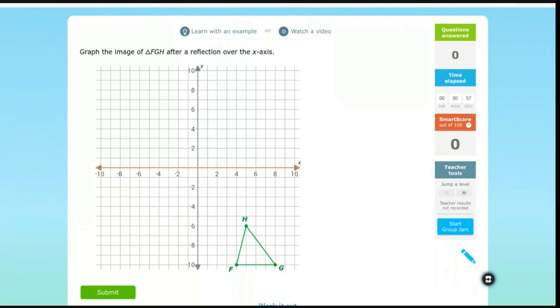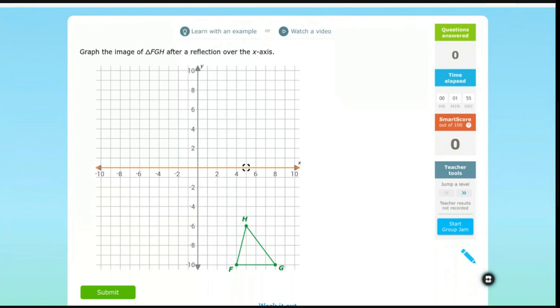You will have a line of reflection like you see here. In this case, it is the x-axis, which is your horizontal axis. And you will take your pre-image, what you see here as triangle FGH, and flip it over the line of reflection on the opposite side, the same distance away. If you notice, point H is 1, 2, 3, 4, 5, 6 points away from your line of reflection.